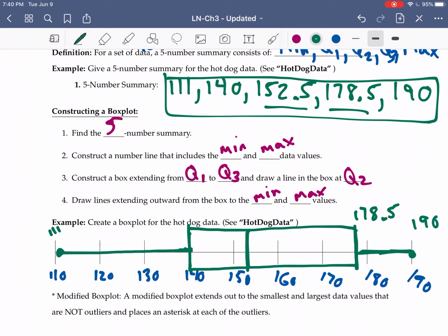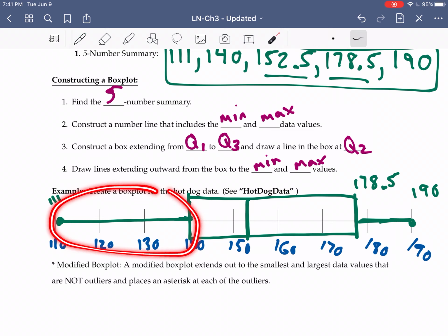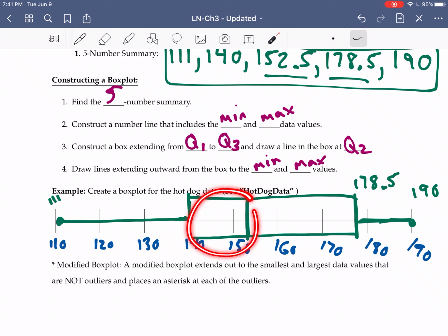Sometimes you'll see a box plot drawn vertically. It's sometimes called a box and whisker plot, but this indicates that that first 25% of the data, this portion is the second 25% of the data, the third 25% of the data, and the last 25% of the data.